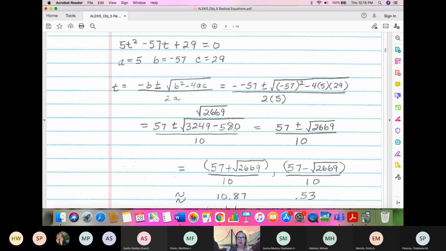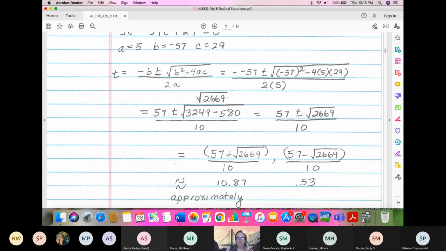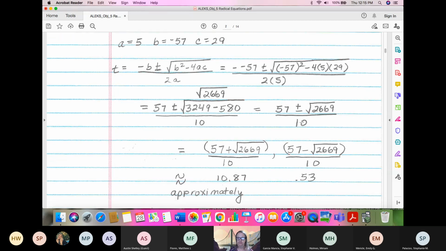So now let's subtract these two. 3249 minus 580. And I get 2669, right, which is written right here. And then 2 times 5 is 10. So what do we have at this point? We've got 57, and let's just do the plus or minus, square root 2669 over 10.